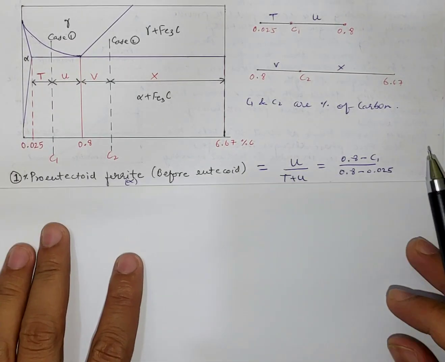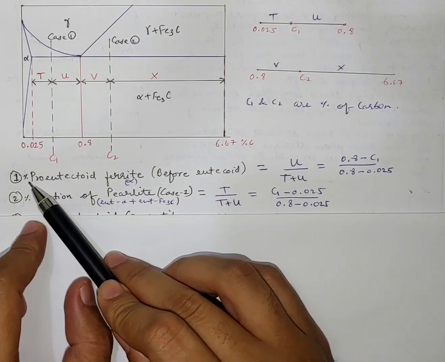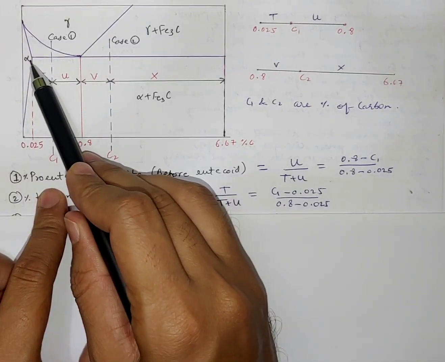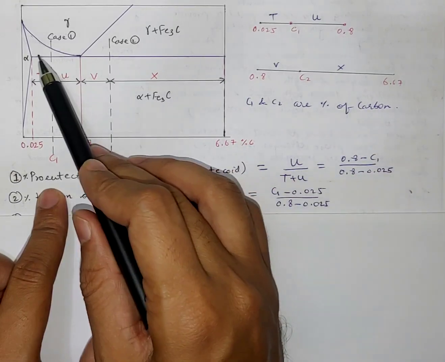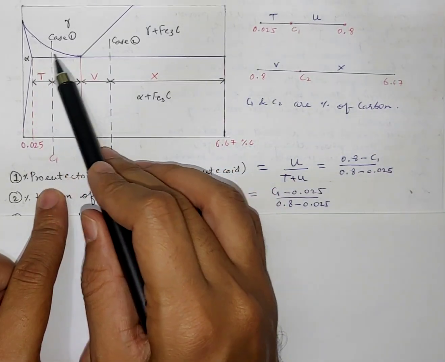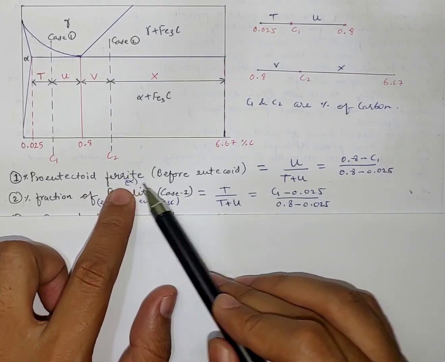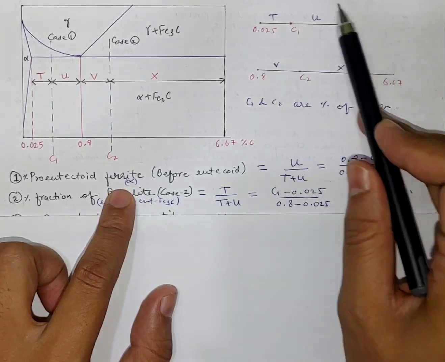Now the first case is we have to find the percentage of proeutectoid ferrite. So for proeutectoid ferrite we have to consider this part only, the T plus U line. Here only the proeutectoid ferrite is present. Proeutectoid ferrite, which is alpha ferrite, is before the eutectoid point, so we have to consider this tie line.